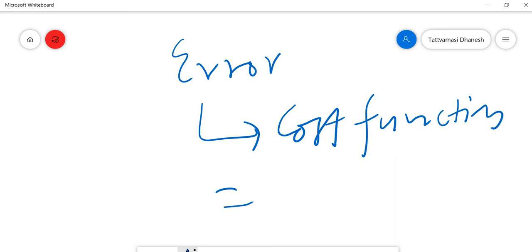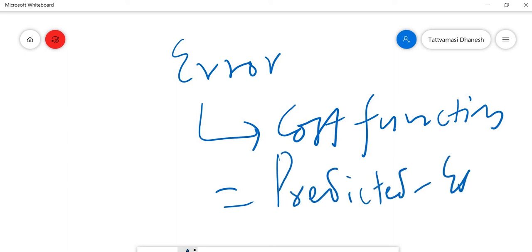The simplest equation I can give you for cost function is predicted minus expected, but there are different equations with root mean square, mean square, and modulus. For the time being, you can understand it as predicted minus expected, and for an ideal model, the cost function, that is error, must be minimum. So we need to find the minimum of the cost function.